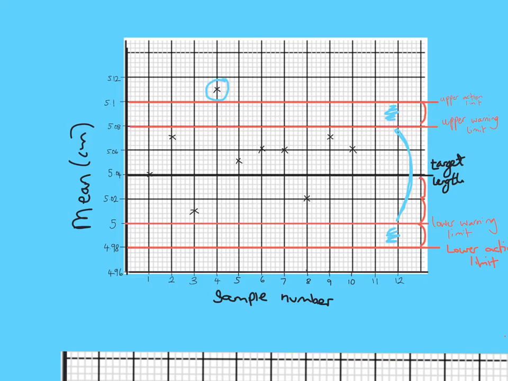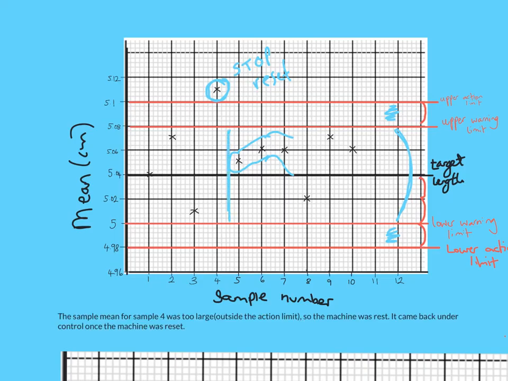This means I would have to stop and reset the machine. And you can see when I've done that, we then go back within limits. So after that, we're looking good. So I had to stop and reset the machinery, and then it became back in control, back within my limits here. So let's write that down.